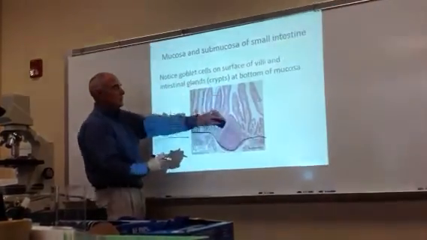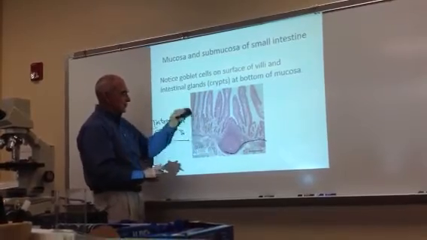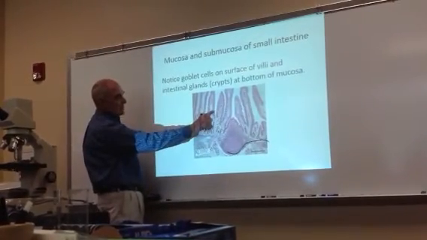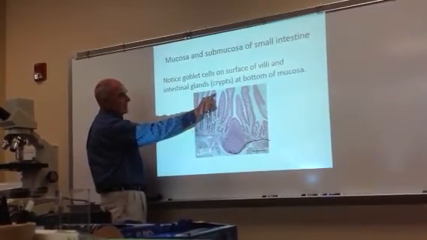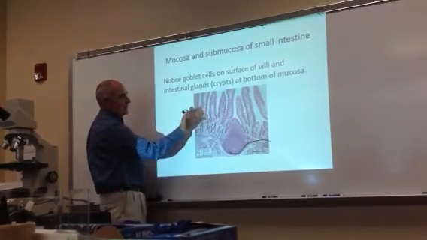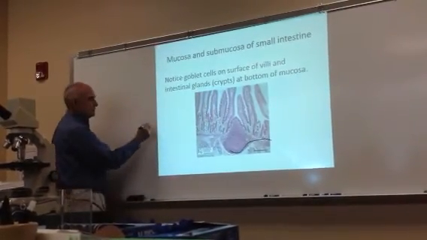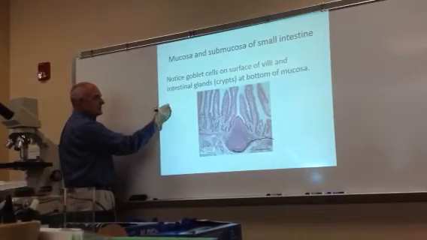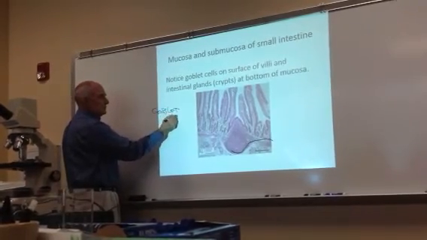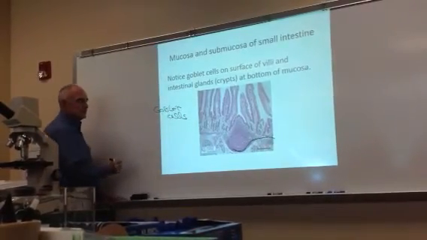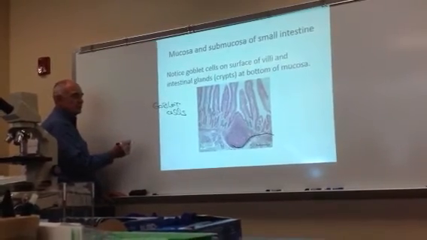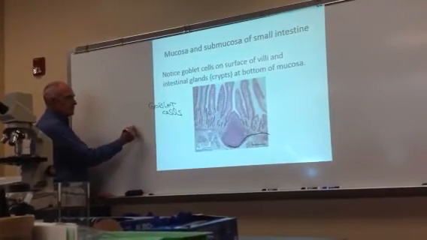Oh, and here's an important little feature on this. This shows up pretty good. See these little bright cells that are embedded in the epithelium? Those are goblet cells. And goblet cells produce mucus all throughout the digestive system. Goblet cells are the mucus producers. And here's what they look like.